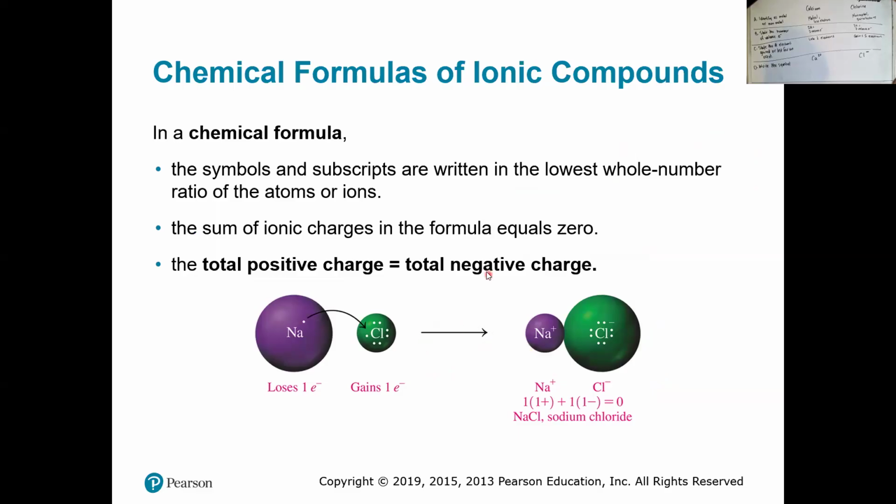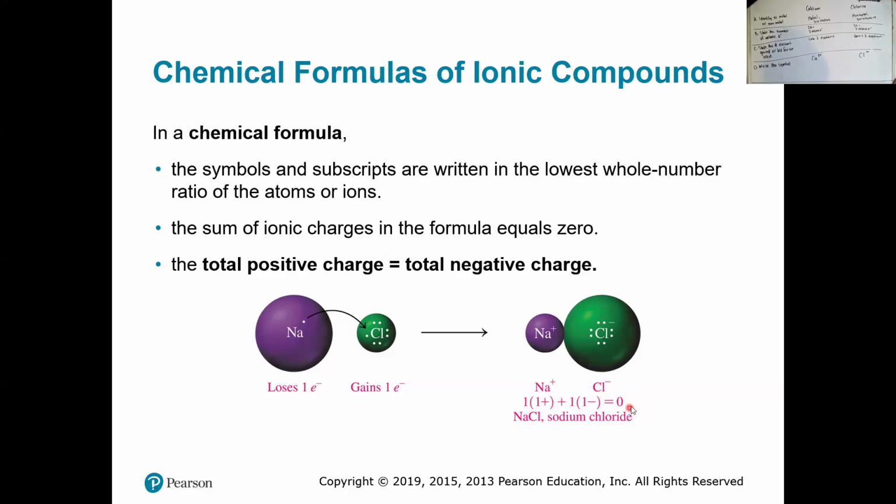When ionic compounds form, they form based on charge neutralization. For example, in sodium chloride, our sodium ion has a +1 charge and our chloride ion has a -1 charge. So one sodium ion combines with one chloride ion, and the overall charge is 0.